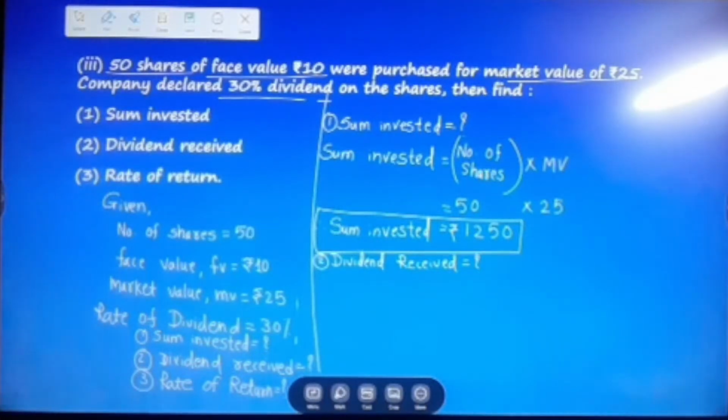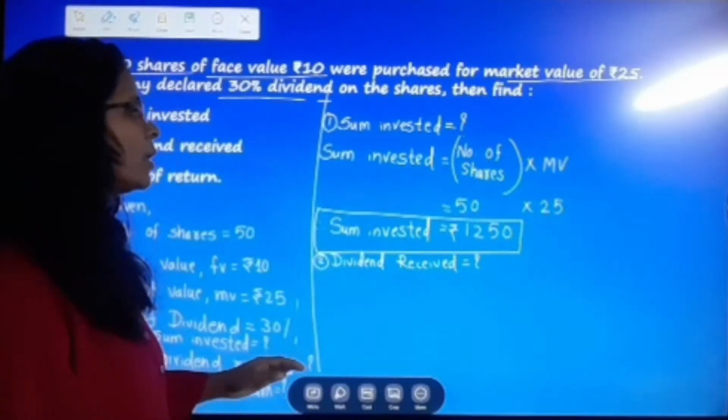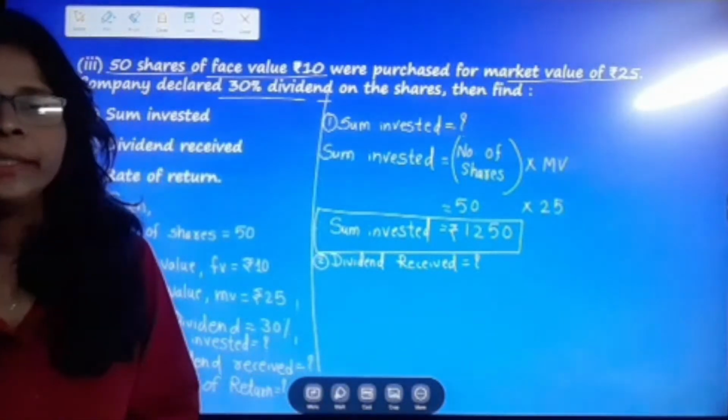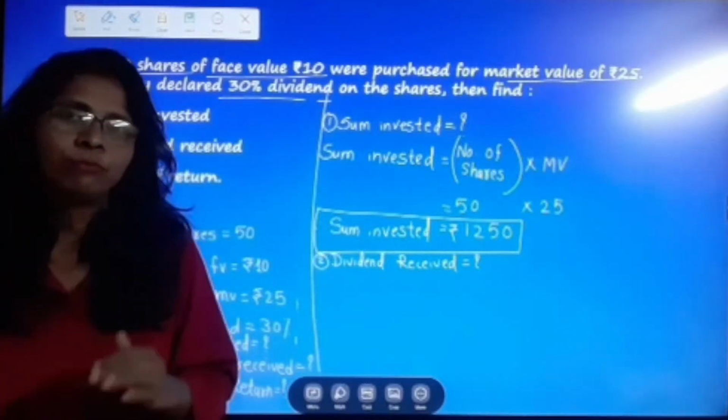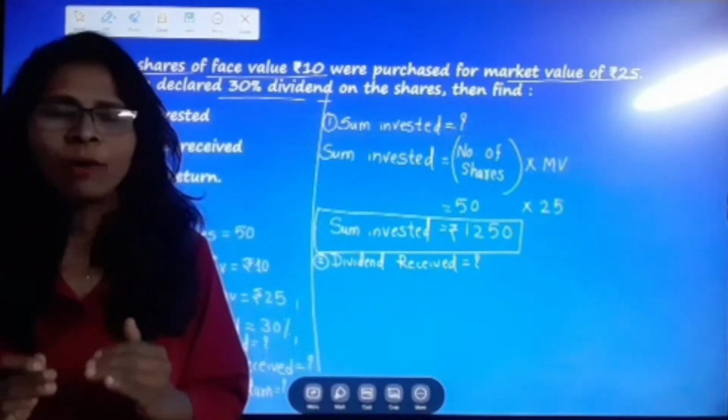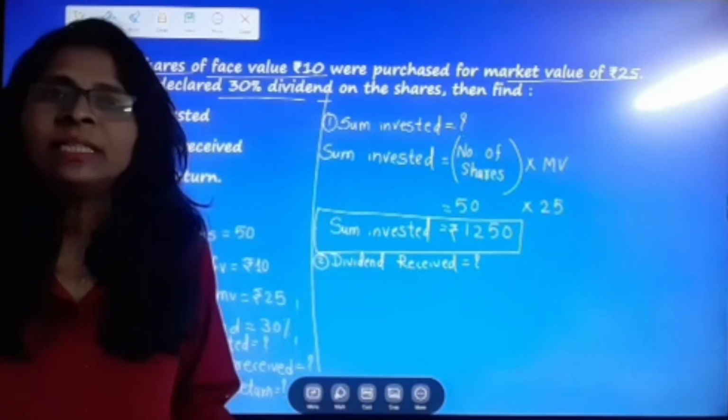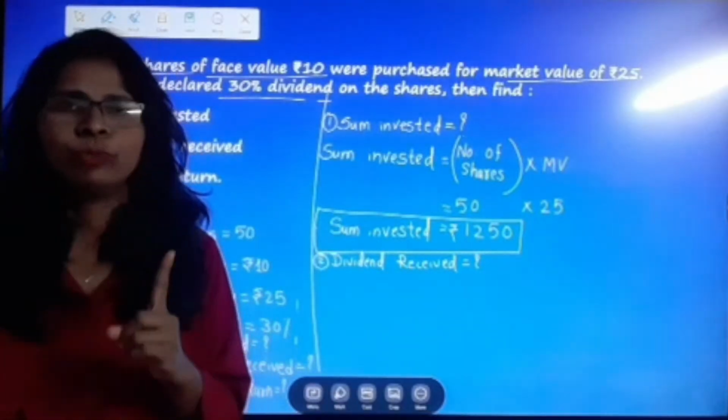So now here students, before finding the dividend received for the 50 shares, we have to calculate the dividend received for only one share.